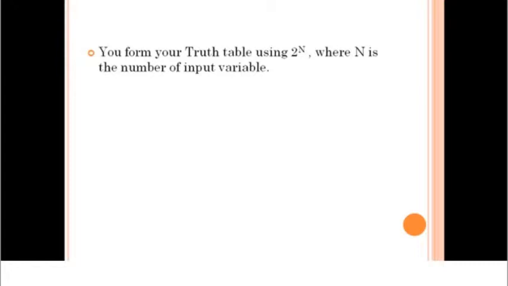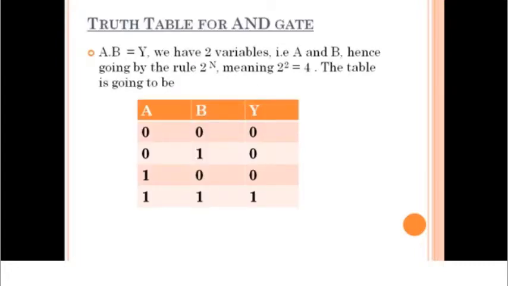So having known this, let's pick the AND gate and see how we can apply it. Remember 2 raised to the power of n. So we have the AND gate. For the truth table of the AND gate, we have 2 input variables here. If you look vividly, what are the input variables we can see here?